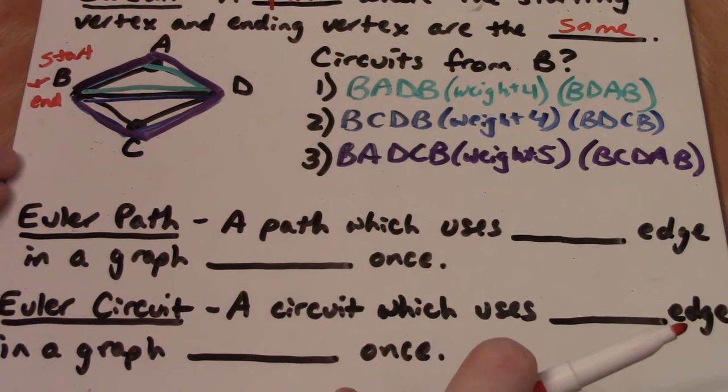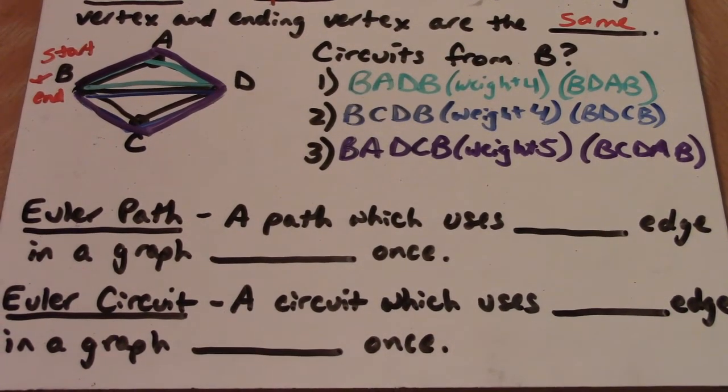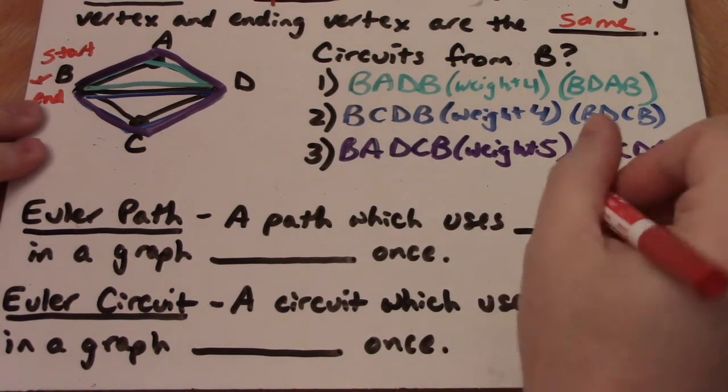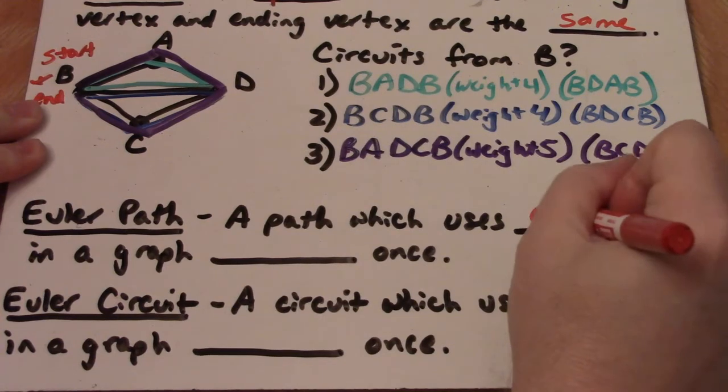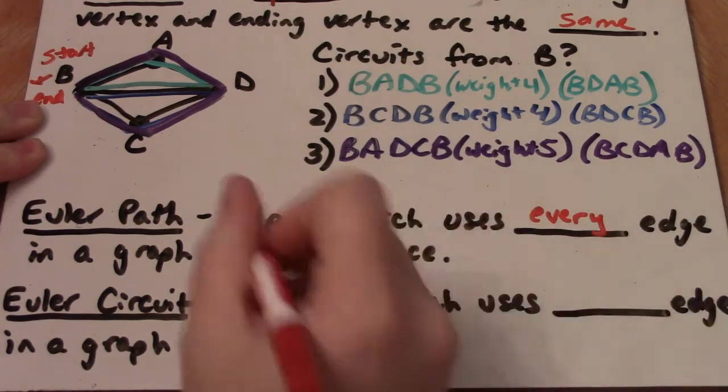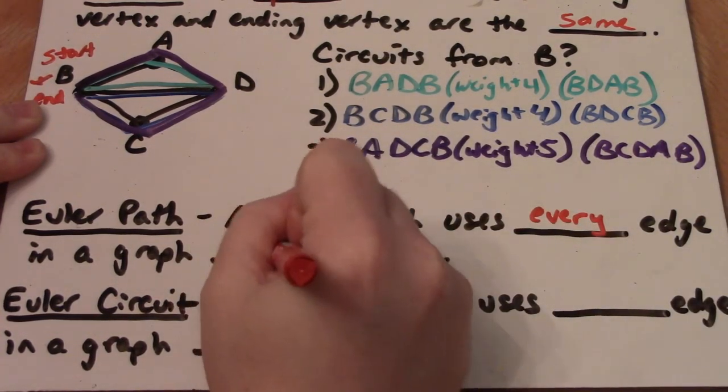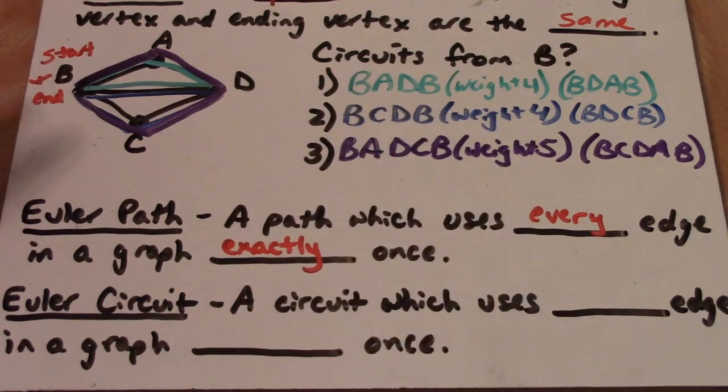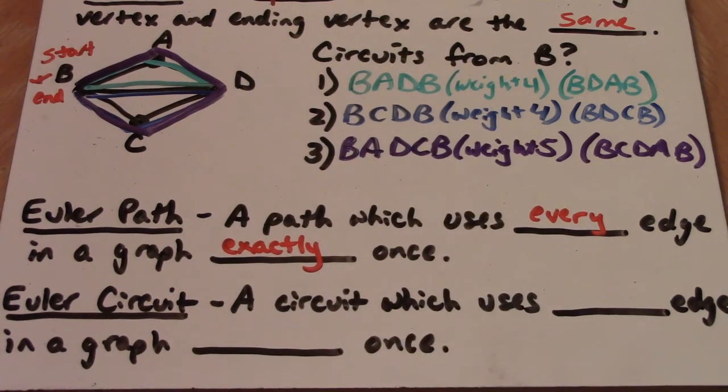Now, when it comes to Euler graph theory, there are even more specific terms called Euler path and Euler circuit. An Euler path is a path which uses every edge in the graph exactly one time. The graph above does not contain an Euler path. The graph from the previous page does contain an Euler path.